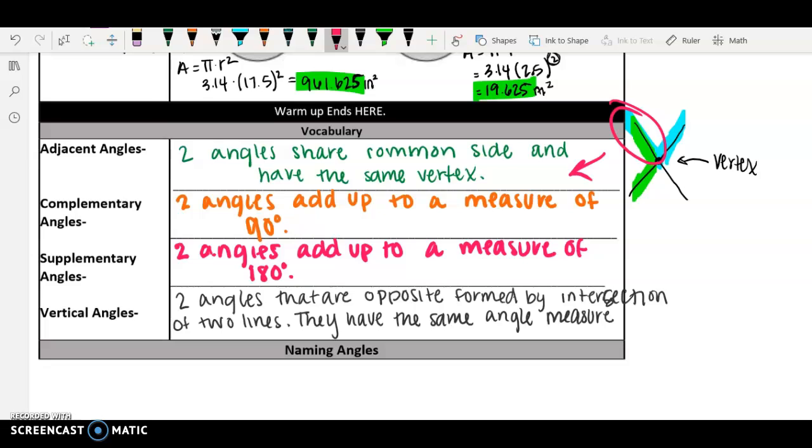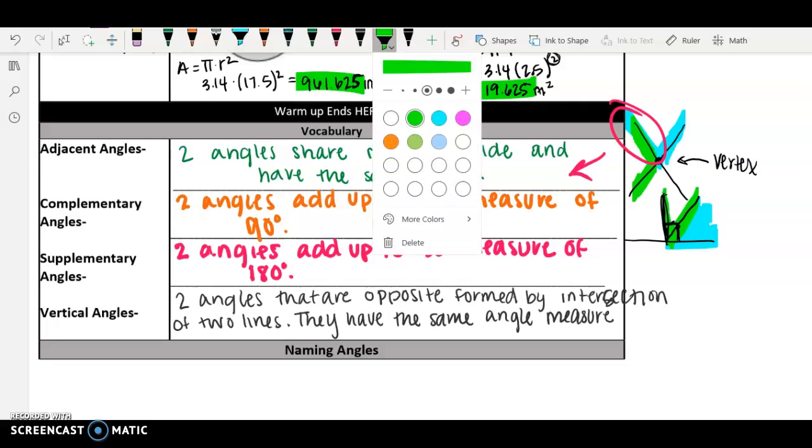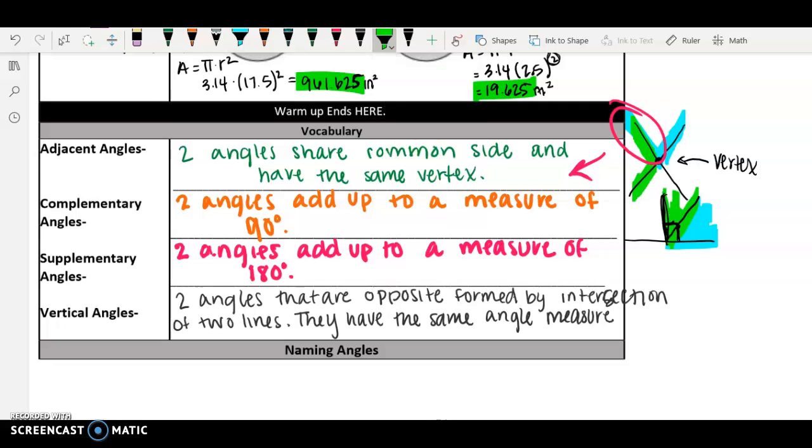For a complementary angle, these are 2 angles that add up to 90 degrees. So this is a 90-degree angle here because that little box tells us. And so this angle here plus this blue angle here adds up to equal this box. So this whole little section plus that green little section adds up to that box.